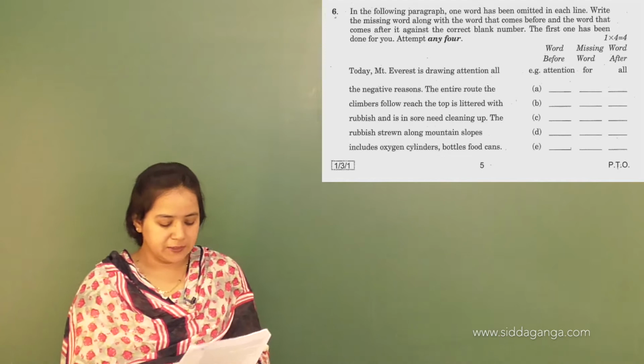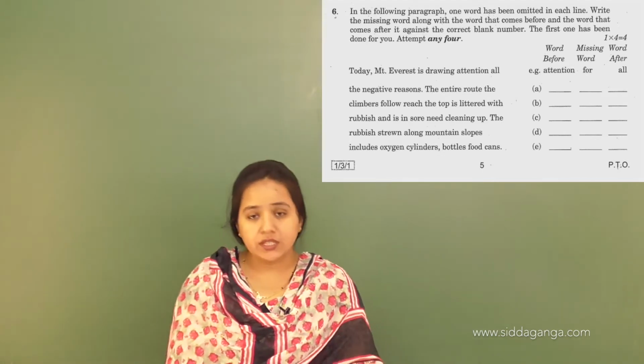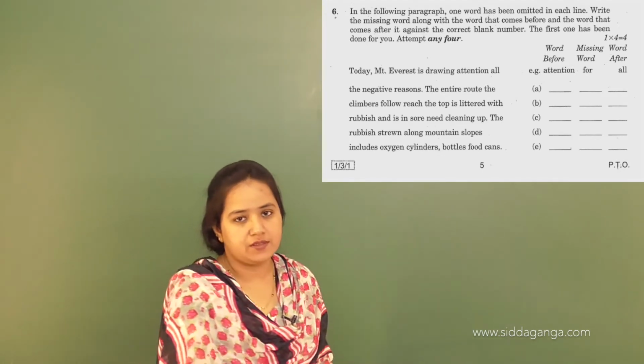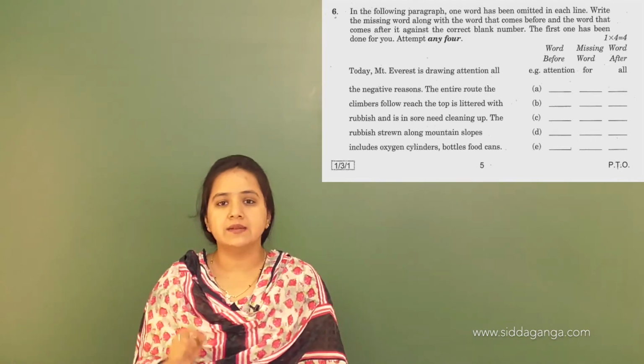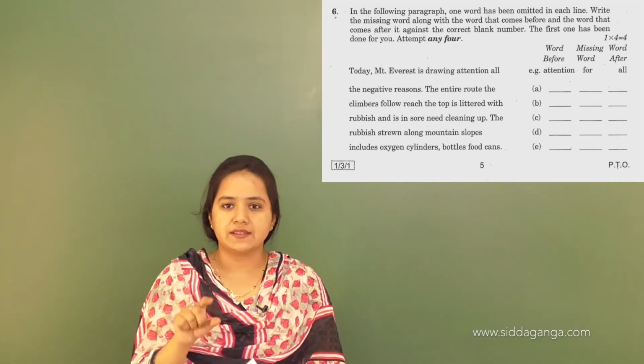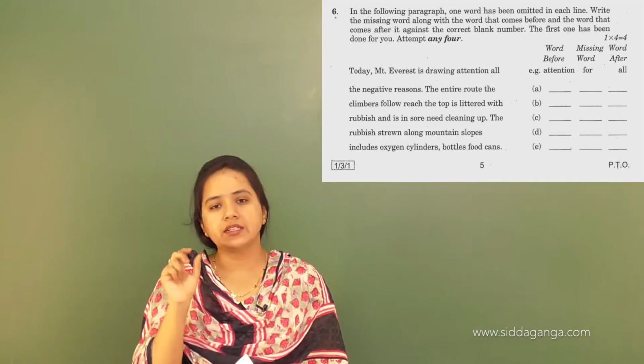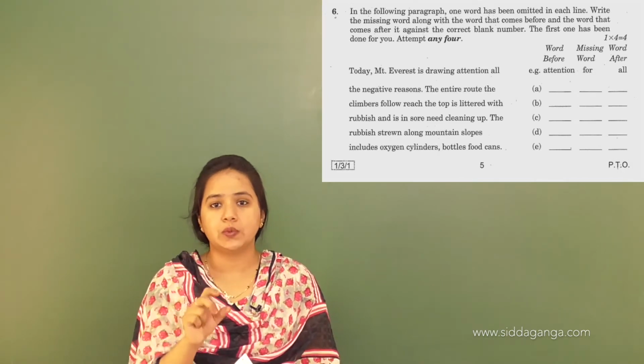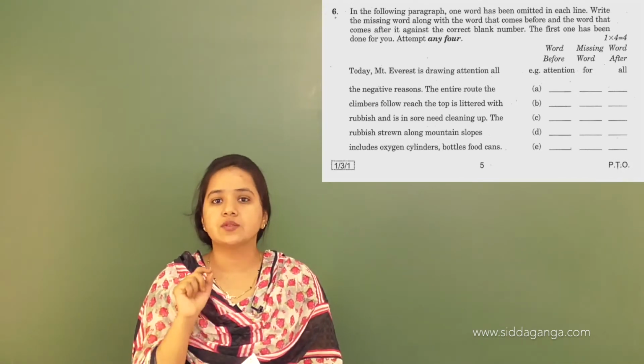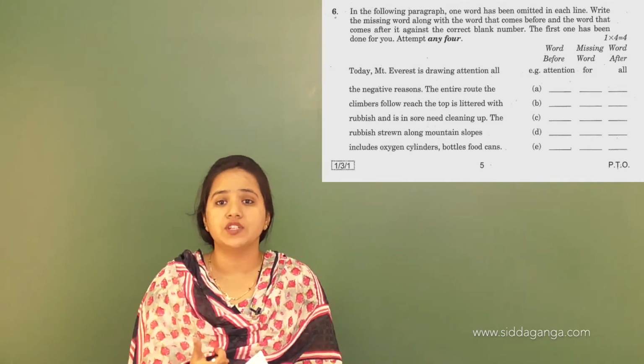So let's talk about this paragraph. First I wanted to tell you what omission is. Omission is a missing word. In this passage, some grammatical words are missing, so we need to find them out. That's called omission.